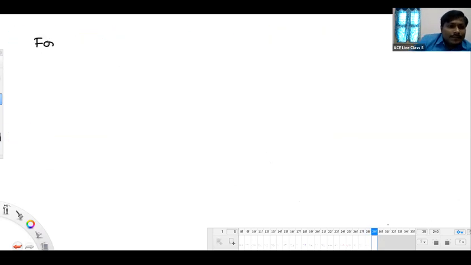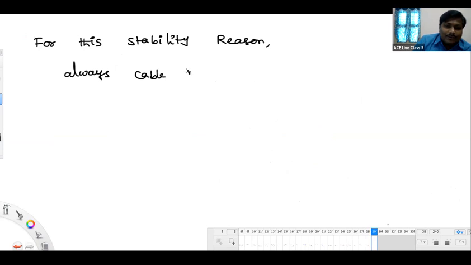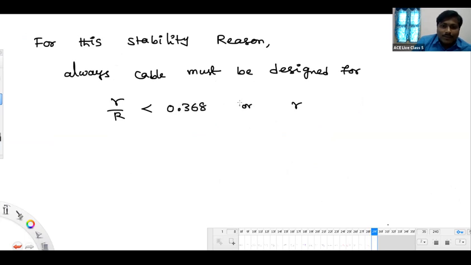So for this stability reason, the cable must always be designed for small r by capital R less than 0.368, or you can say the radius of the core must be less than the most economical radius. Obviously, it will be the voltage deciding it.